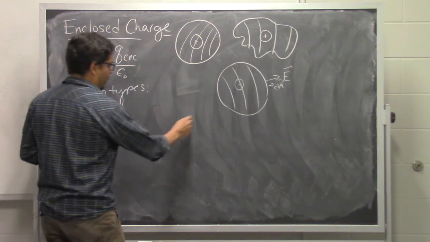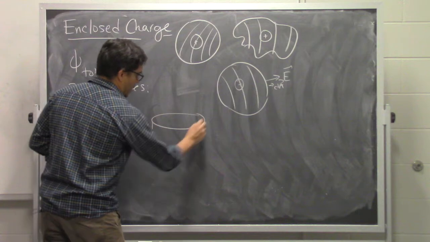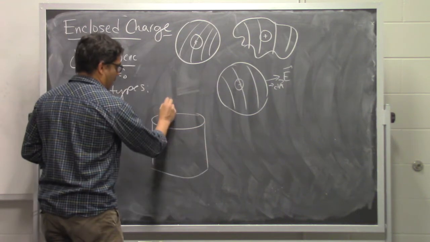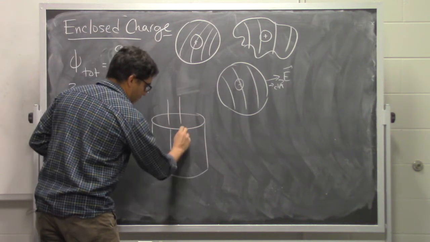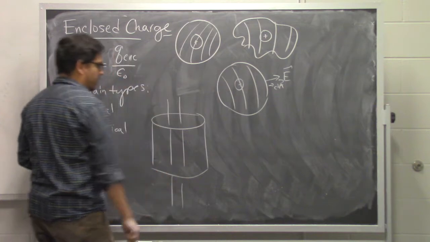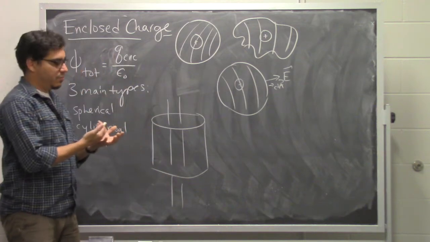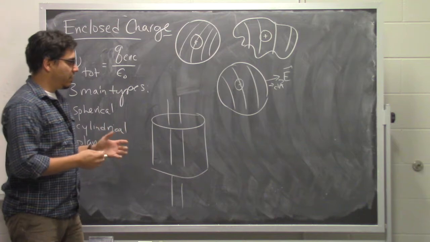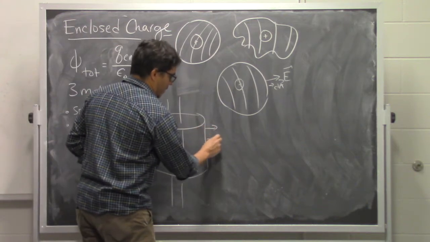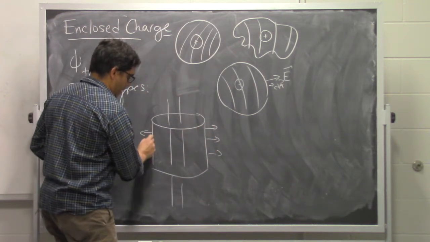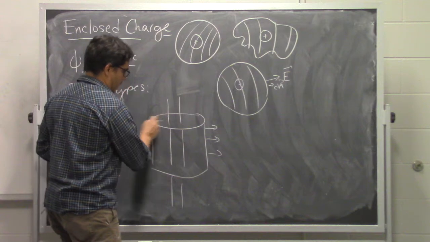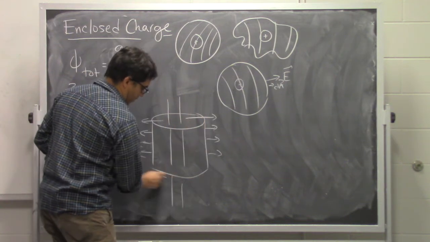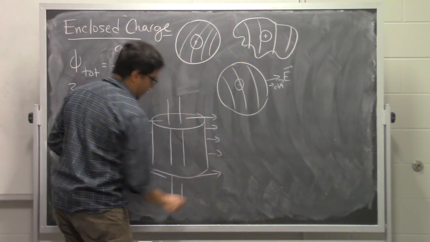In a cylindrical case, if you have, for example, a long line of charge, so here's a long tube of charge, and you encapsulate it with this sort of imaginary cylinder, in this case, the electric field points outward everywhere, and it kind of slides along the top here, as we'll see in one of the next videos.